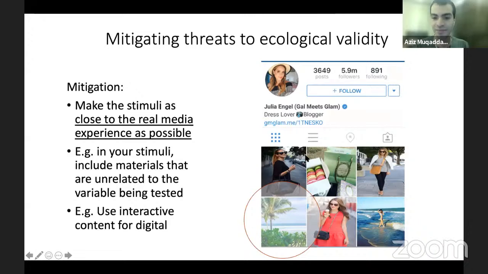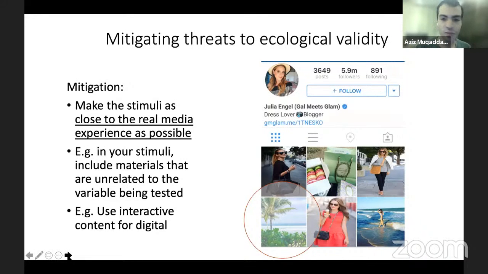And I made that page interactive, so people could actually click on each image and press like or dislike. Although they were not on Instagram itself, it felt like Instagram. So I got the experimental experience as close as I could to the real life experience.